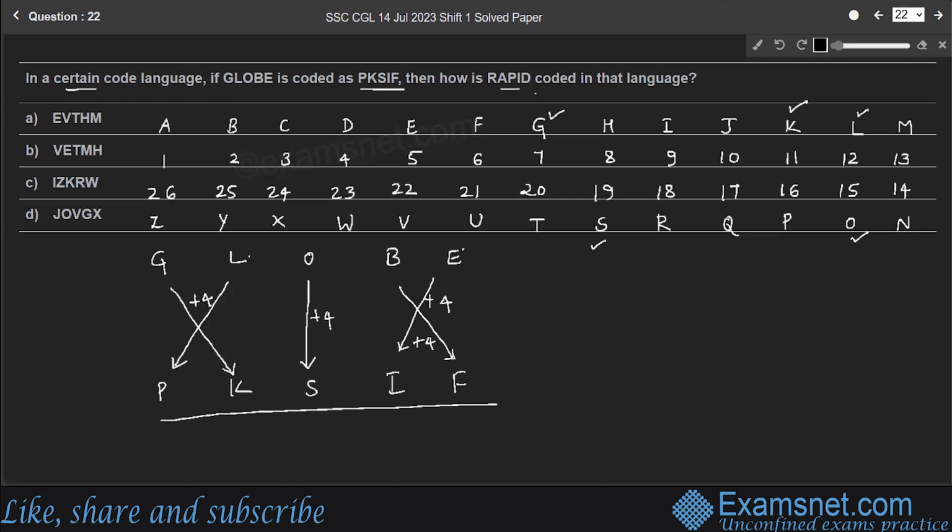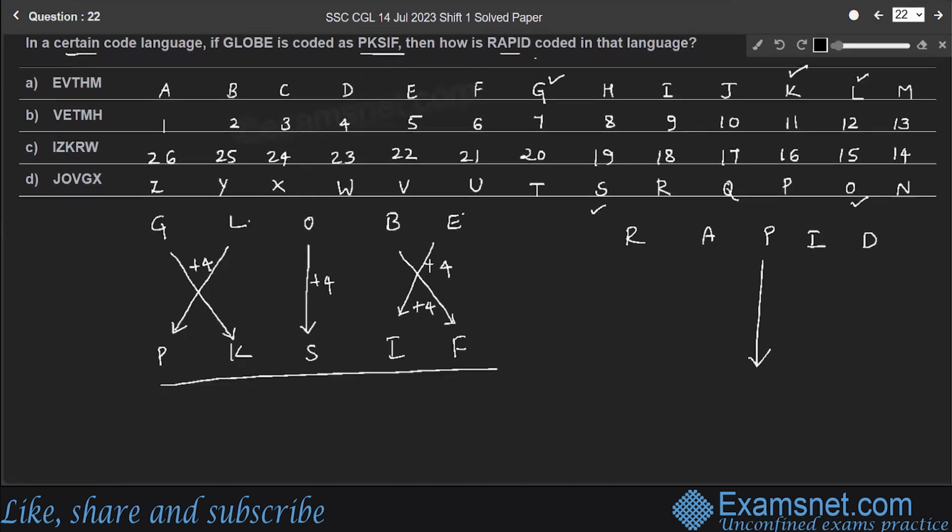So in the same way, rapid. So rapid, again, a 5 letters word, right? So consider the middle letter, which is P. P is 16, add 4, which is 20, is nothing but T. So to the remaining letters, the codes will be like this, right? So R is, what is R? 18. 18 plus 4 is 22, which is V. Whereas A is 1, 1 plus 4 is 5, which is E. Therefore, R is coded as V, A is coded as E, right?